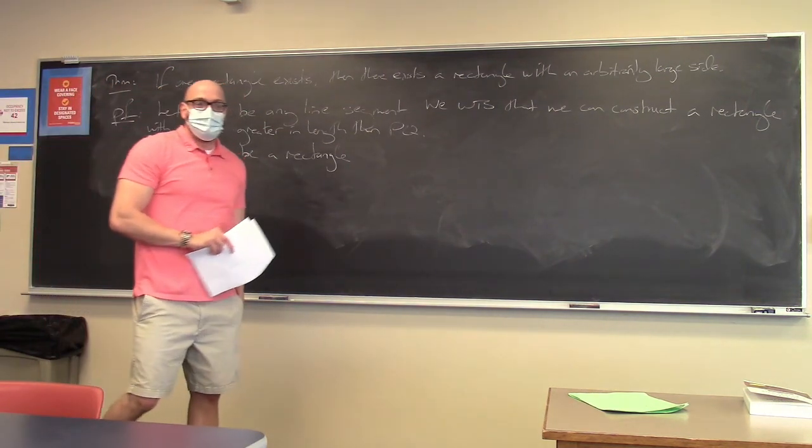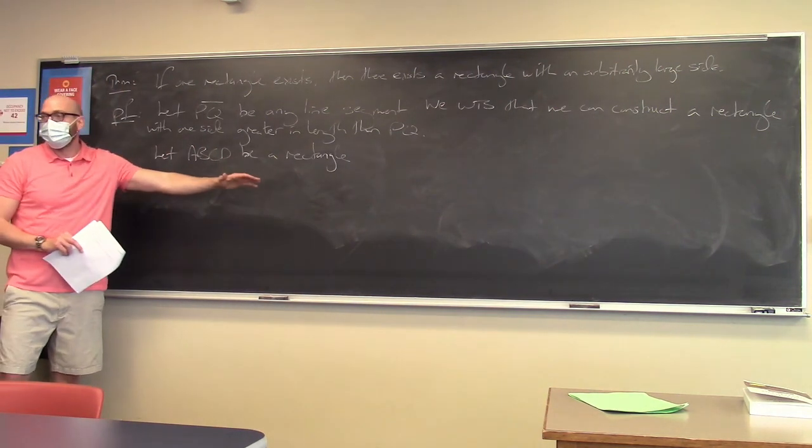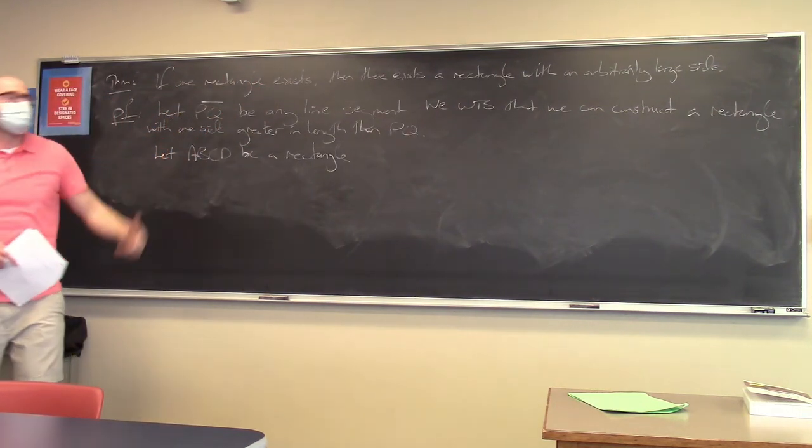This is an important catch. In most proofs that you do in neutral geometry, you cannot say this. I can only say this because part of my assumption is a rectangle actually exists.